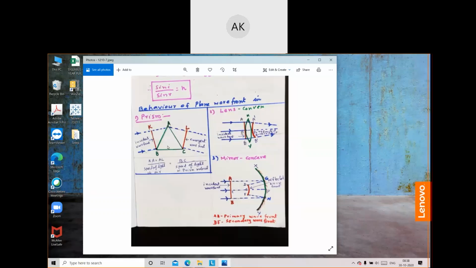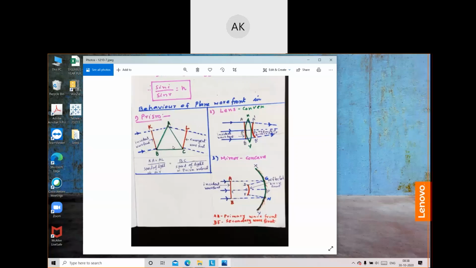We cannot say the same distance, because this is a denser medium. The ray or the wave from B has to move a longer distance in the prism. So it will find it very difficult. It has to move through this denser medium, which is very difficult for light to move in.